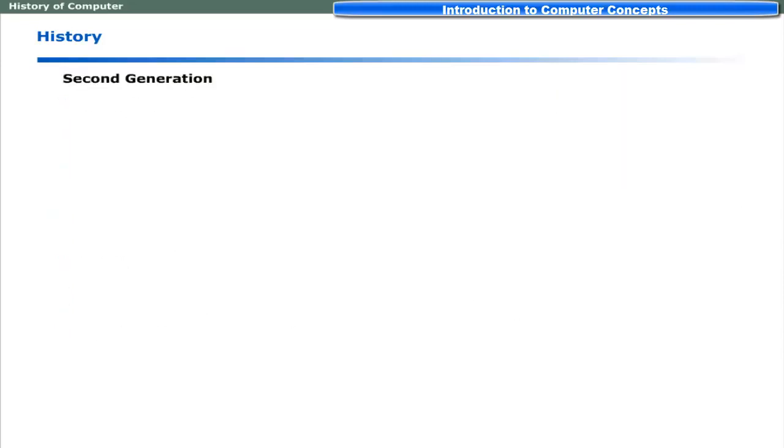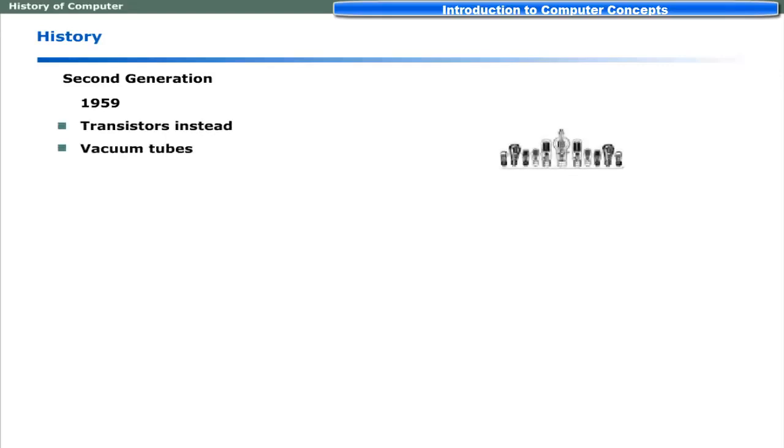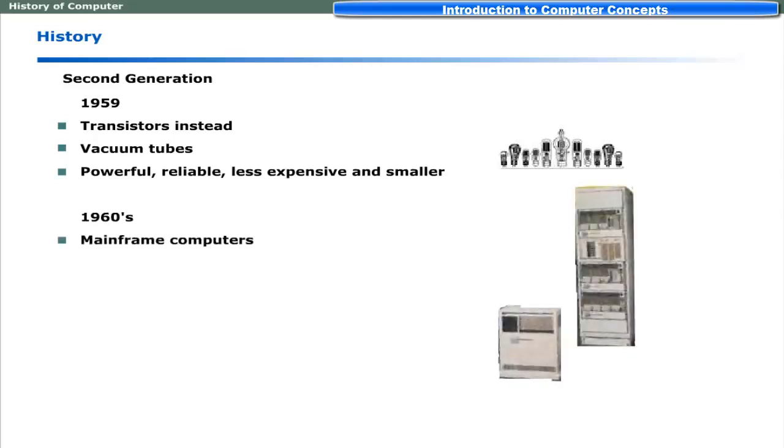Second-generation computers were introduced during 1959. These were built by using transistors instead of vacuum tubes. These computers were more powerful, reliable, less expensive, and smaller in size than their predecessors. Until the early 60s, only large companies were producing mainframe computers.